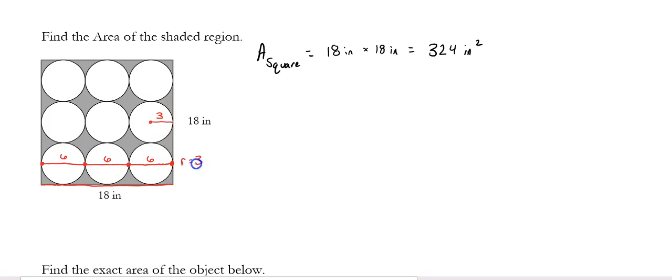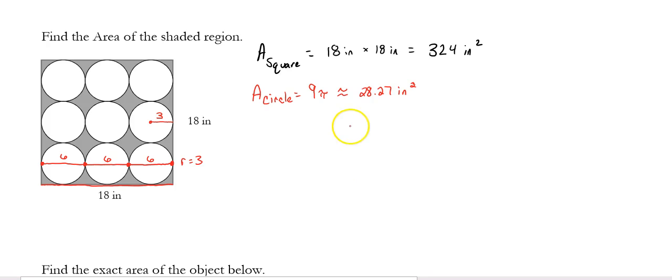If the radius of my circle is 3, the area of one circle is 9 pi. Pi times your radius squared. 9 pi, if I take 9 multiplied by pi, is approximately 28.27 inches squared.